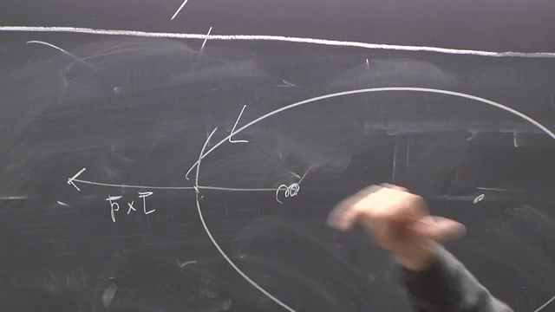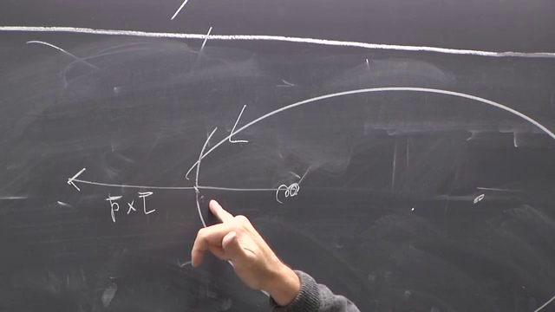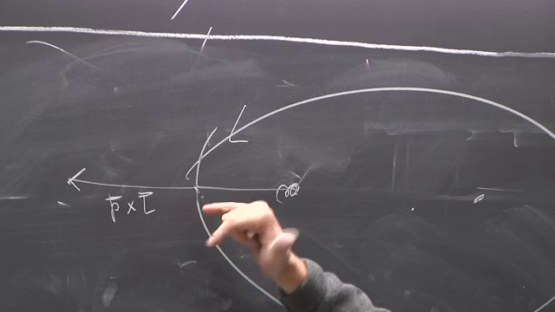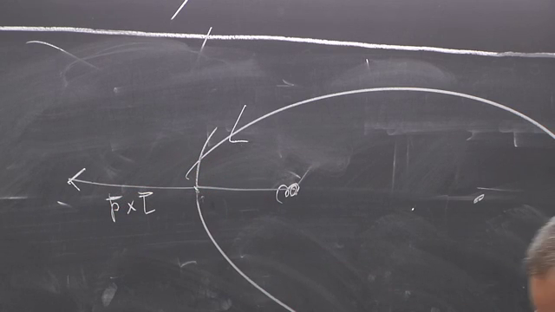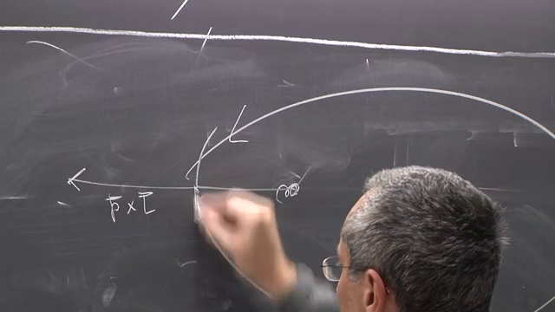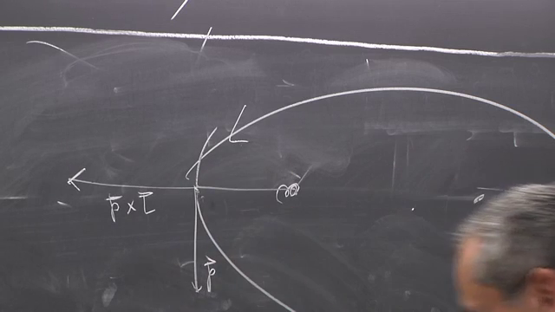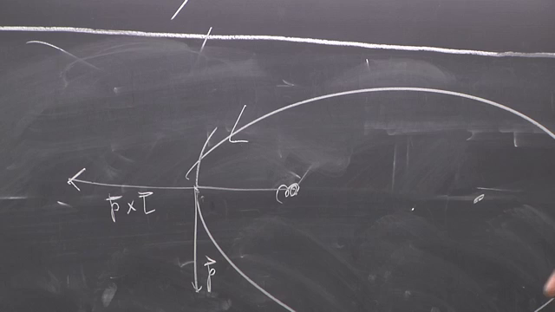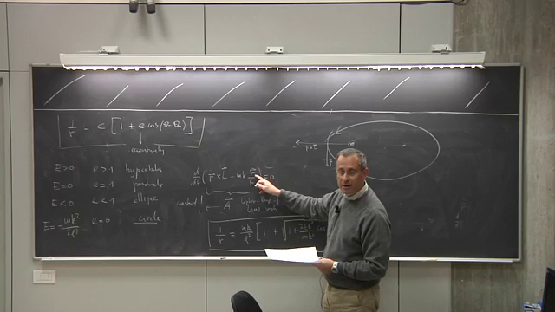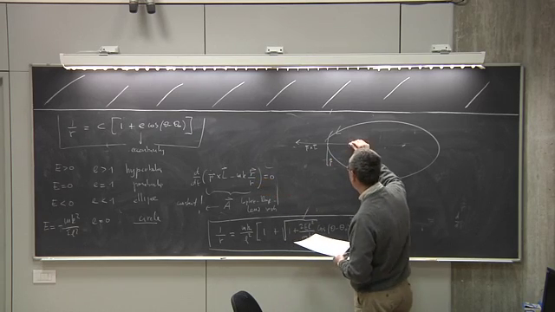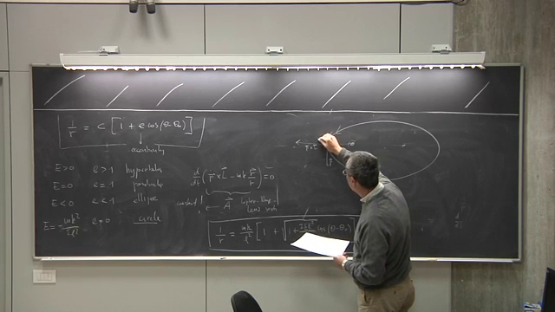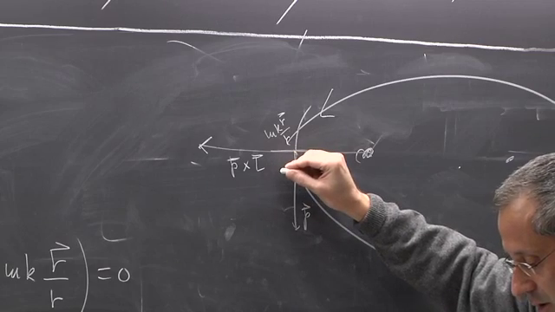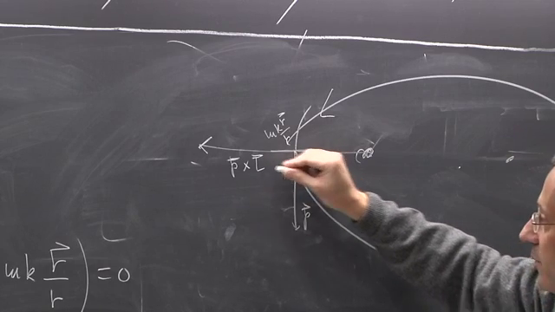Well, I guess it's pointing this way, outside from the blackboard. So the vector product of these two is going to point in that direction. Remember, they are always orthogonal. And this is r, so it's pointing in the direction of r. So this is m k r over r, this little one, and this is P.